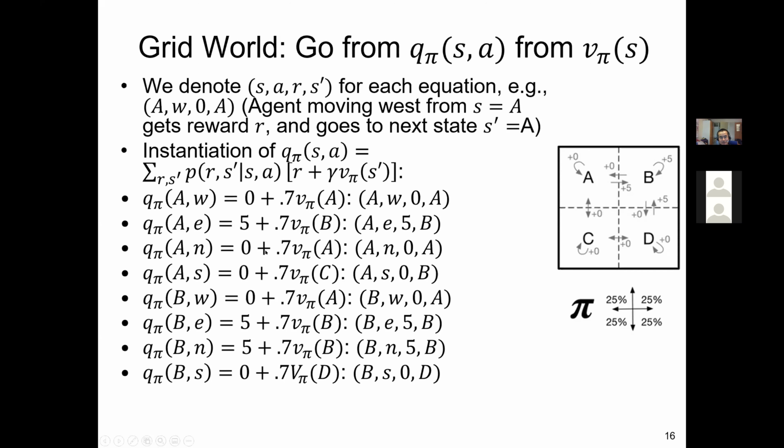And north action, you go back to A. South action, you go to C. Similarly for state B. Now if you go east or north, you also get reward of 5 and stay in B. So that's how you derive Q from V in this case.